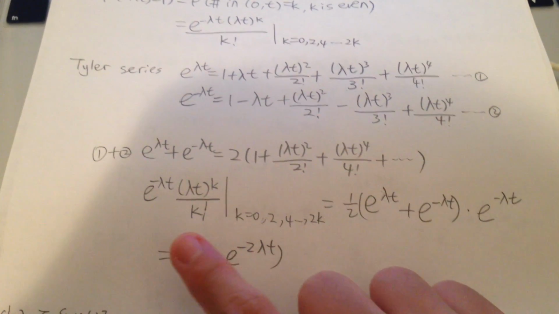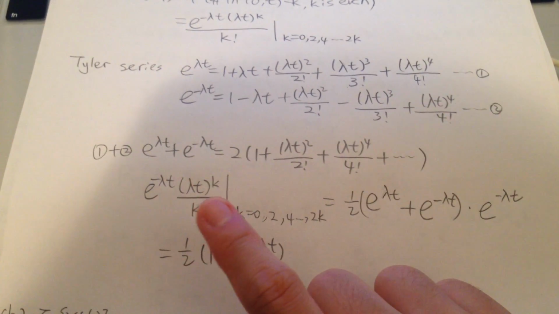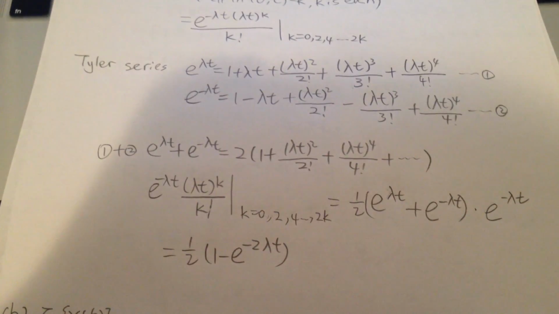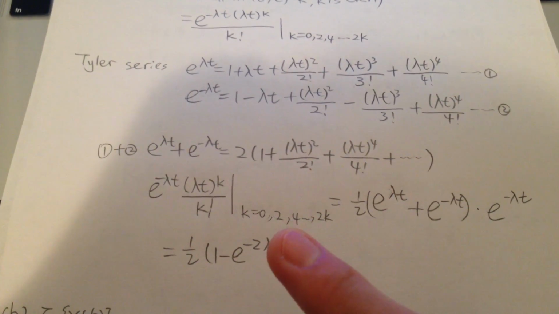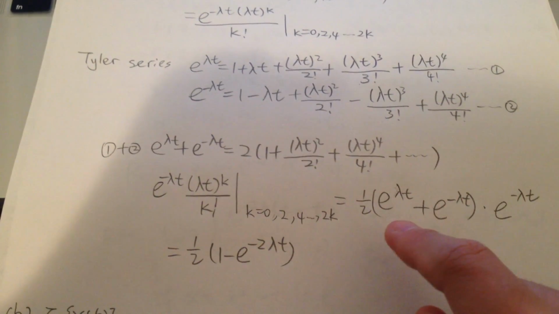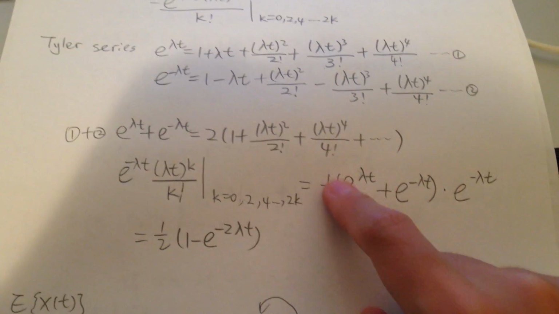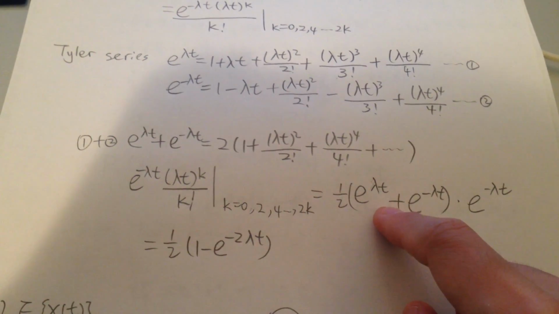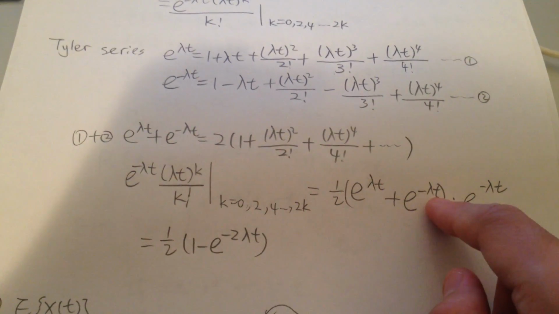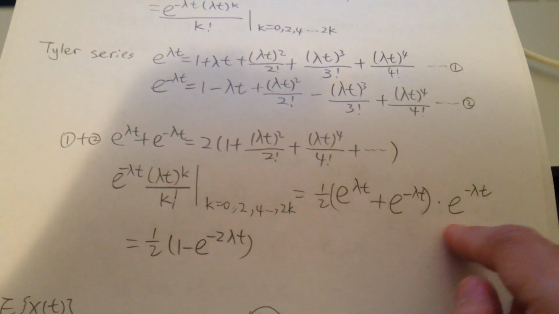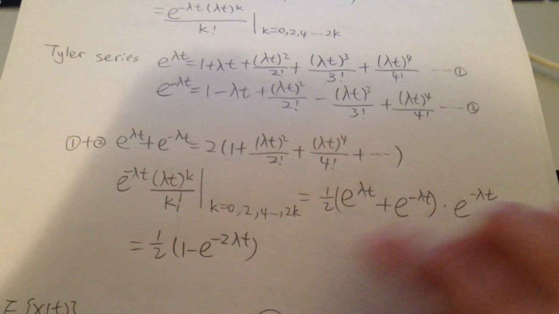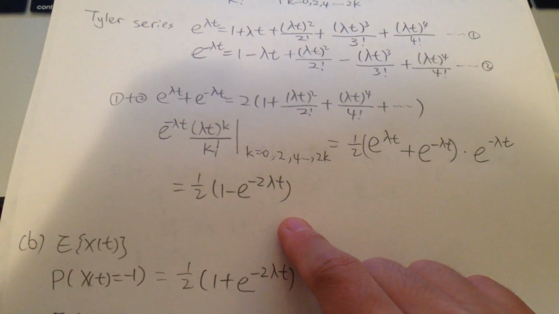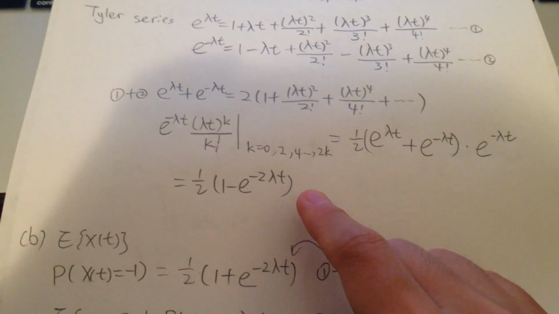From this, the sum of (lambda t) to the power of k divided by k factorial for k equal to 0, 2, 4 and so on equals 1/2 times e to the power of lambda t plus e to the power of minus lambda t. Multiplying by e to the power of minus lambda t, the answer is 1/2 times 1 plus e to the power of minus 2 lambda t.